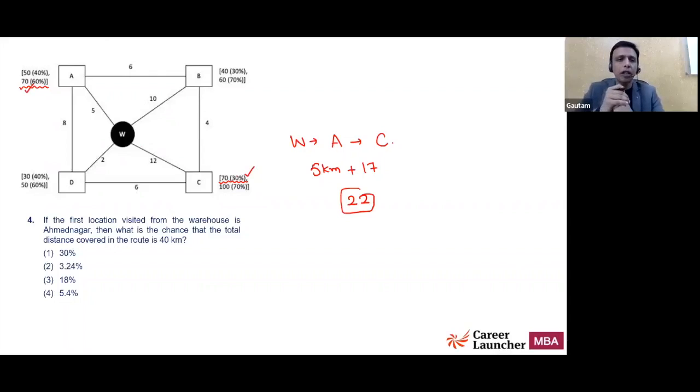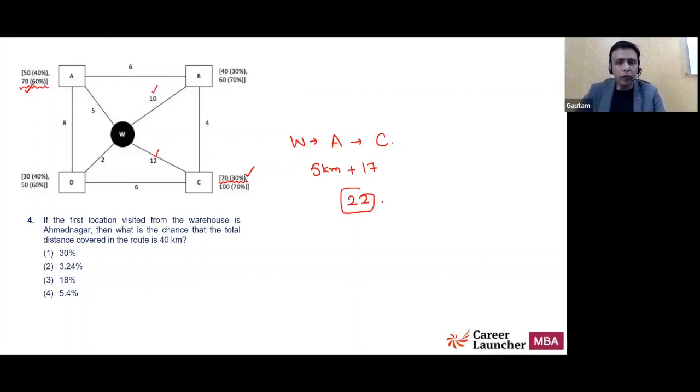B or D. Now, moving to B, he'll have to travel what? Either he'll travel this 4 or he would travel this 12 plus 10. But traveling this 12 plus 10, logically, bache, would give you 22 more. So he would not do that.